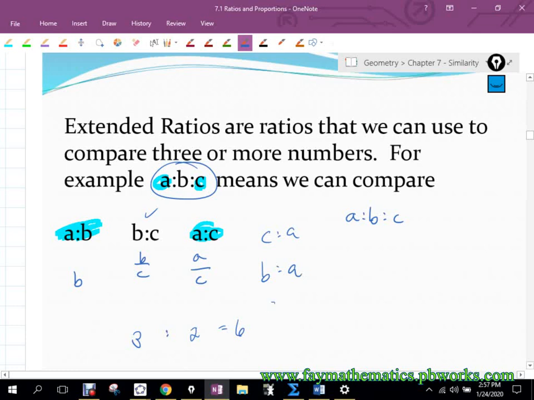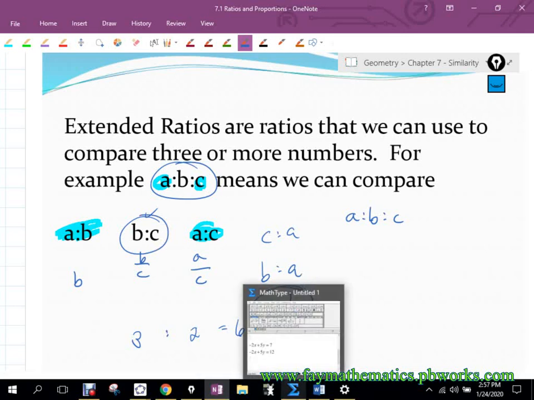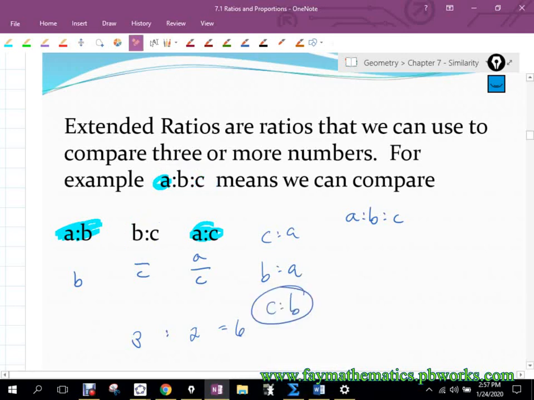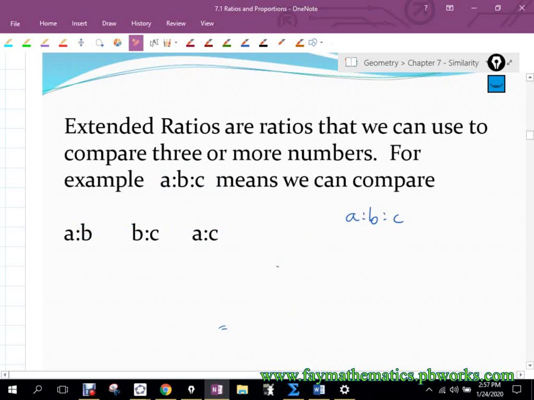C compared to B. There's really a total of 6 things. Does that make sense? But I only wrote 3 of them because B compared to C and C compared to B, they're just reciprocals of one another, right? So that's kind of why I did that. I only showed those 3. And those are the 3 that we're going to be most comfortable with using.